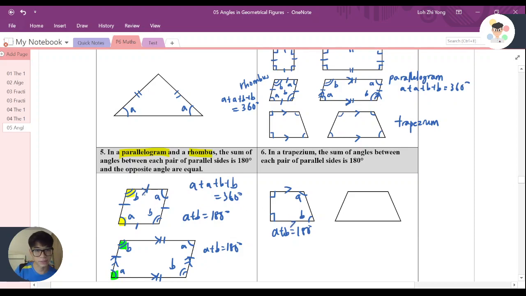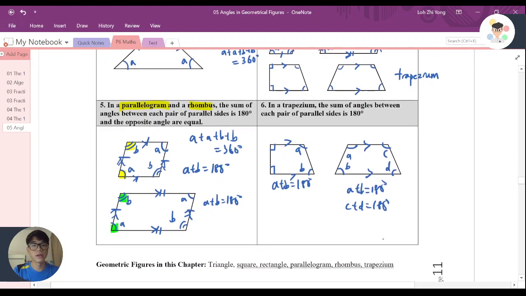As you can see, this is parallel, this is parallel, this is parallel, this is parallel. Yeah, here A and B, A plus B is 180. Here C and D is 180. Okay, so this is basically the 6 things that you must know before you tackle the angles in geometrical figures.